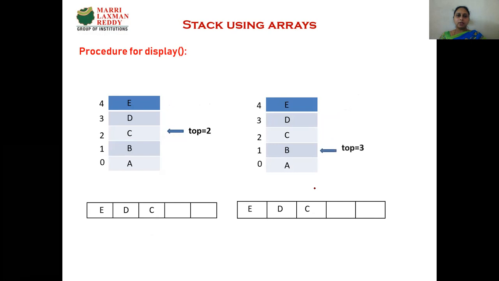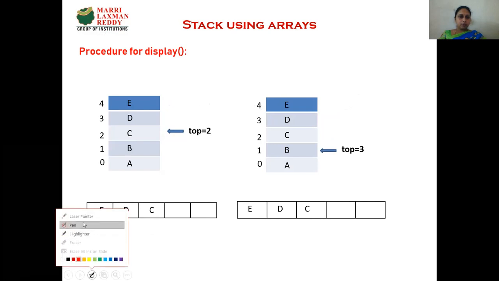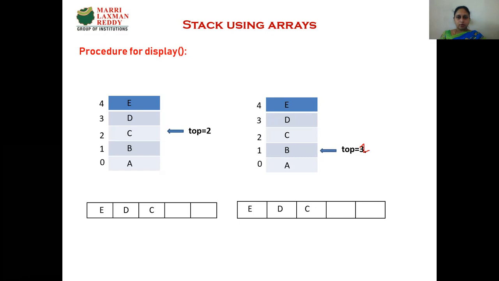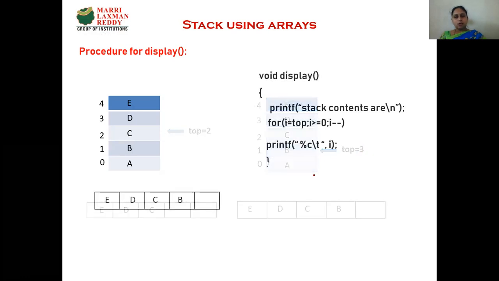And top will be decremented. Sorry, this should be 1, right? Now, whatever element it is going to show, that is going to be placed in the stack. Next, the last element we have, A. Top will be again decremented and it is going to point to A. A is going to be placed and it is going to be printed.